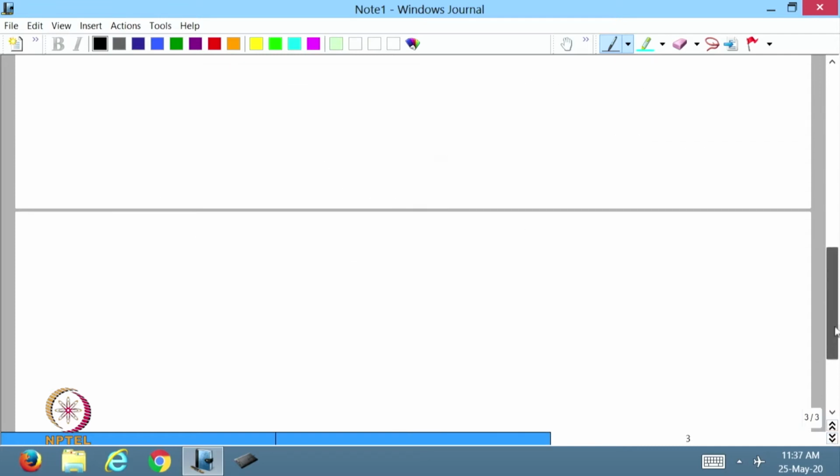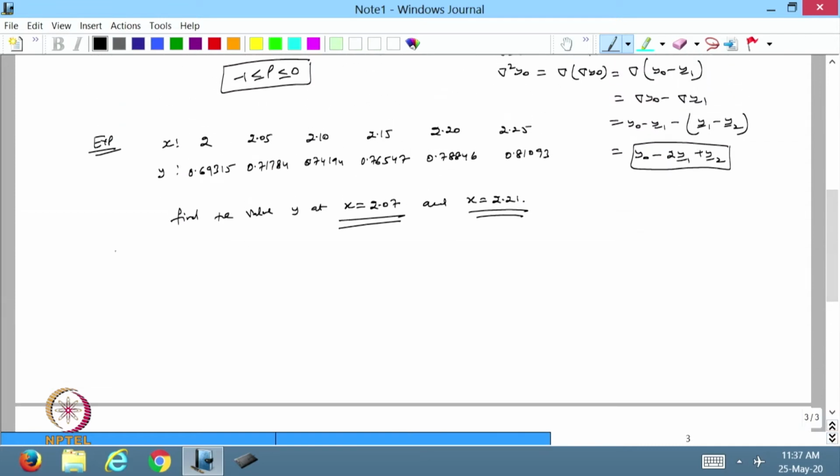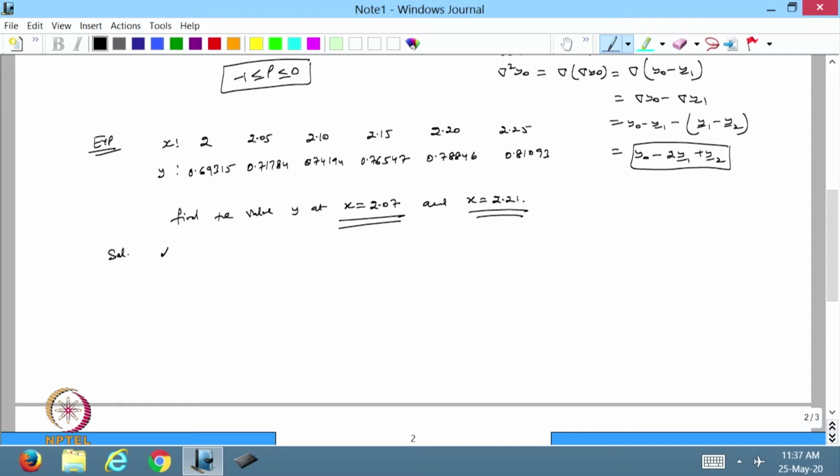Let us do the solution. In such questions, first of all I want to write the finite difference table. This table we have to make first.